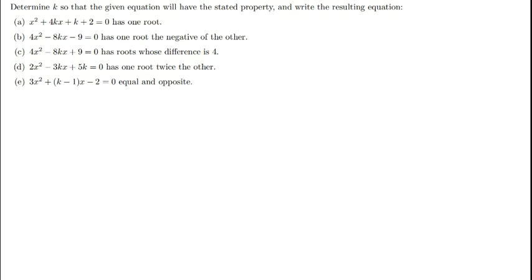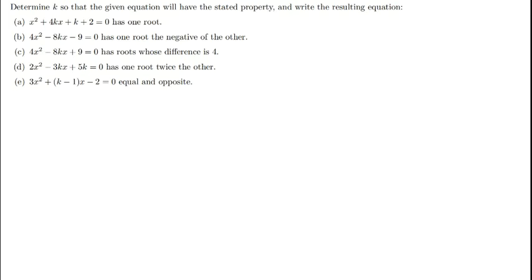But let's solve C. Is that okay, madam? The question is not difficult, because part C is saying 4x squared minus 8kx plus 9 is equal to 0 has roots whose difference is 4.